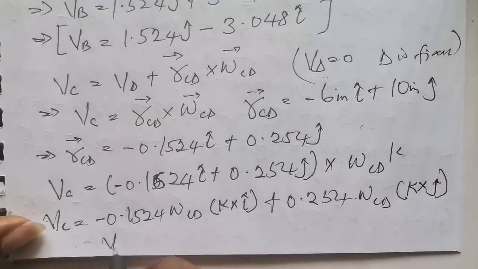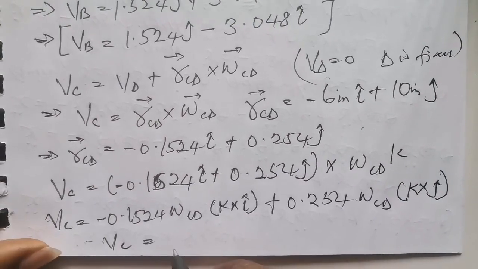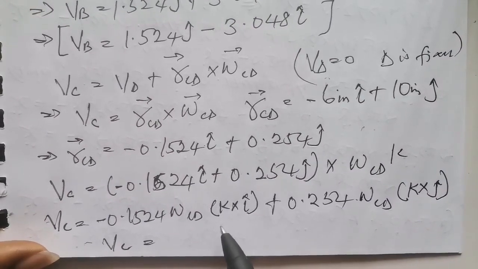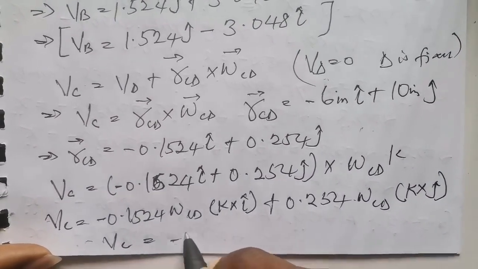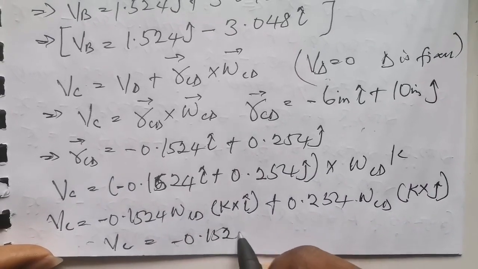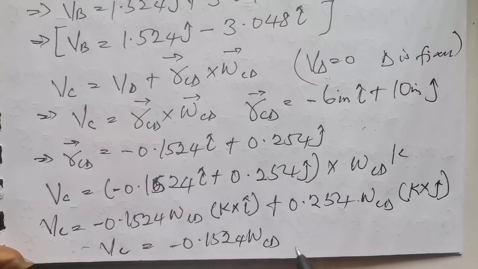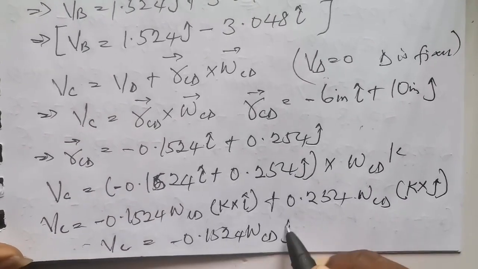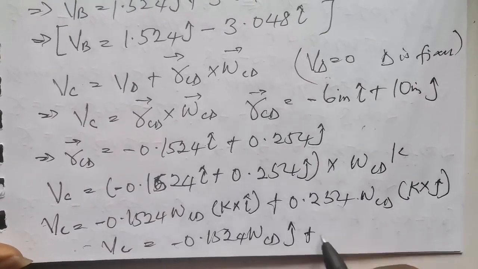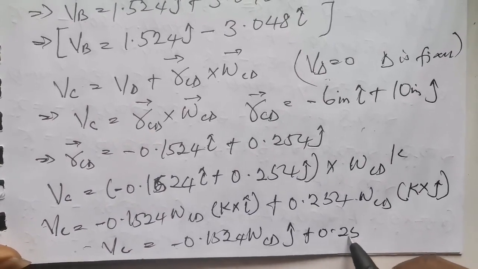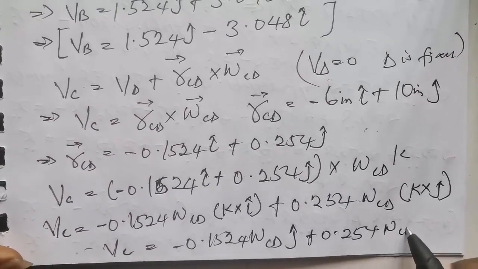So VC is simply going to be, now I, we have minus 0.1524 omega CD. K cross I simply gives us J, okay, plus this is 0.254 omega CD.